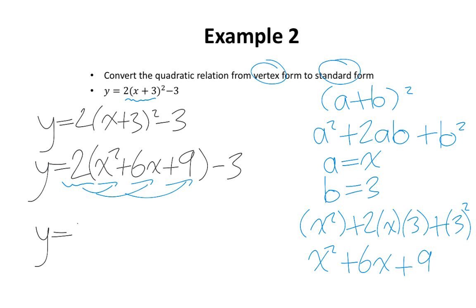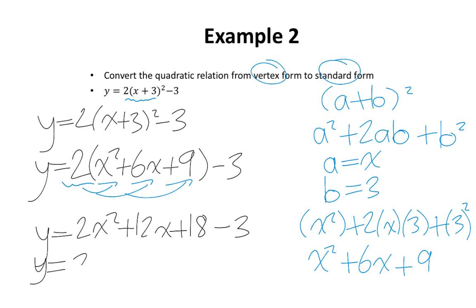So that becomes 2x squared, positive 12x, positive 18, and the negative 3, since it is outside of the brackets, remains unchanged. At this point, all you need to do is collect like terms.